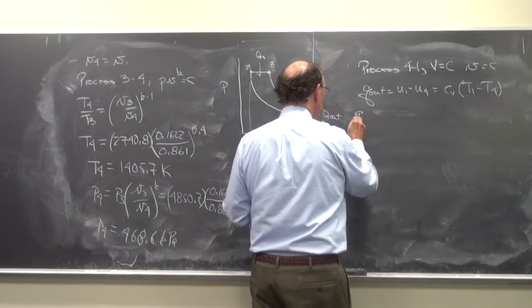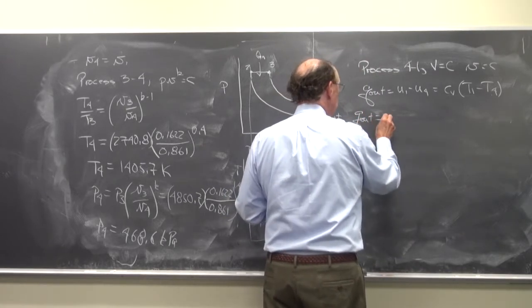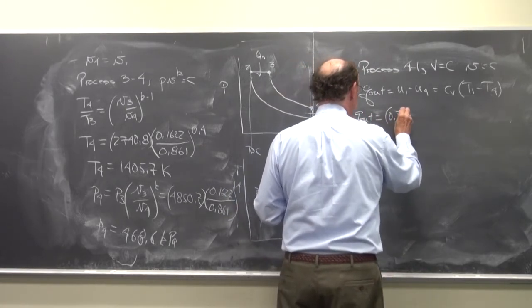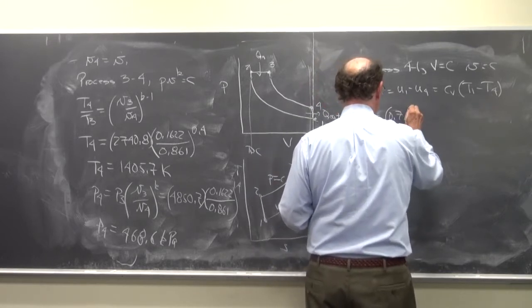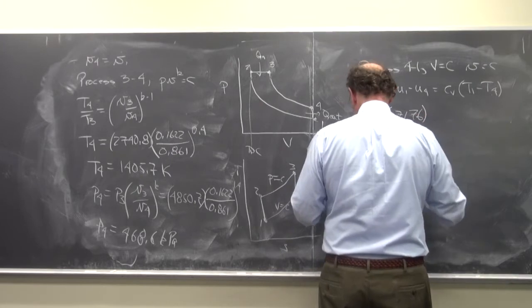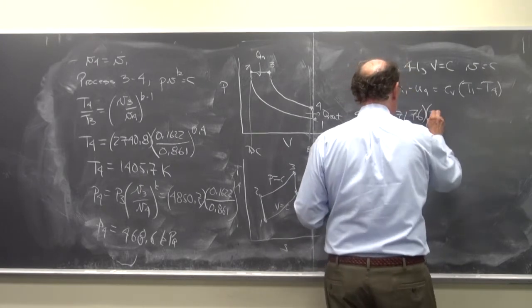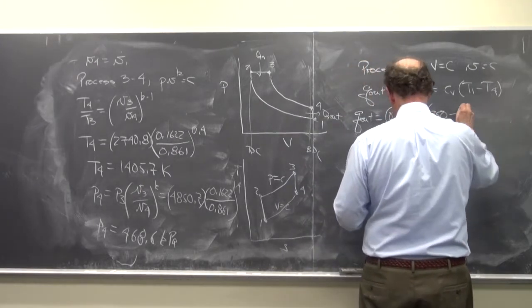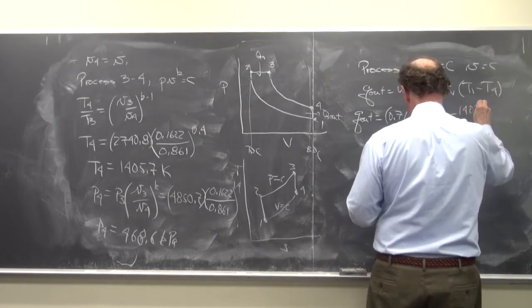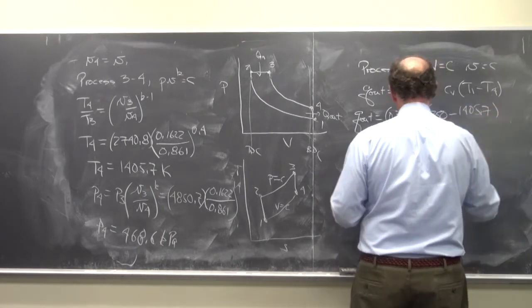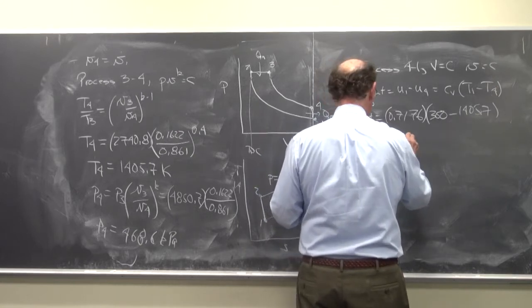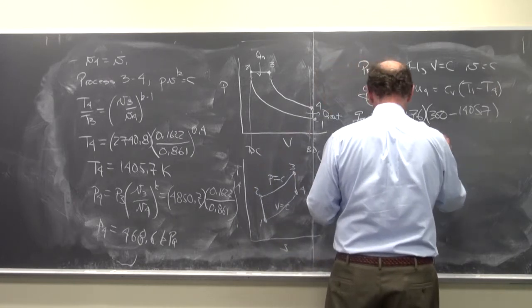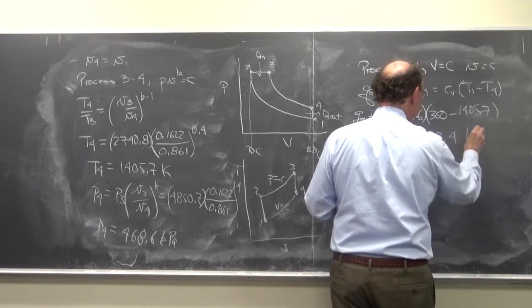So Q out is equal to 0.7176 times T1 is 300 minus T4, 1405.7. And so we have the Q out is equal to minus 793.4 kilojoules per kilogram.